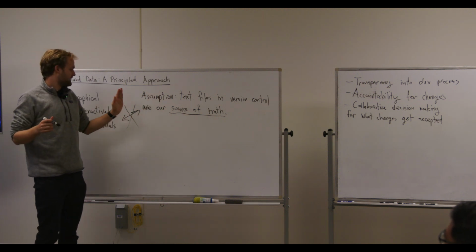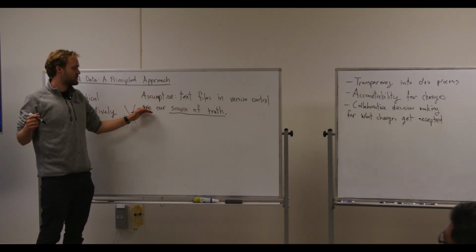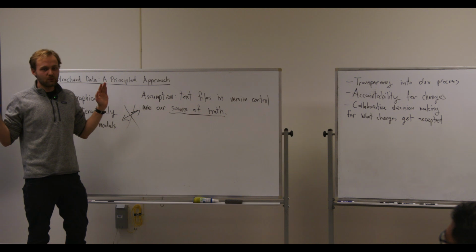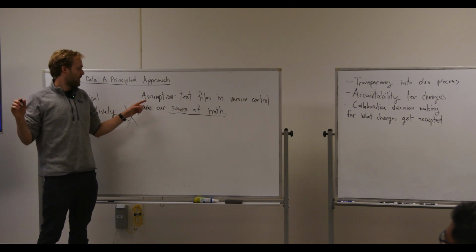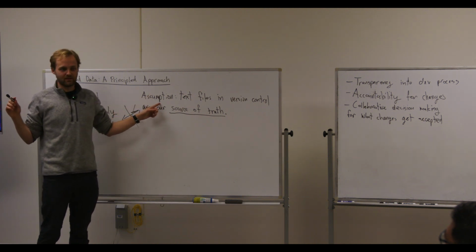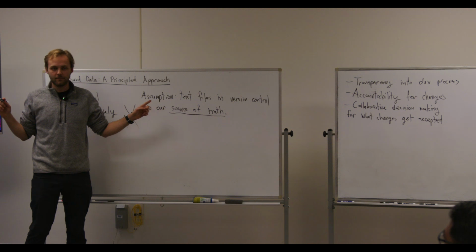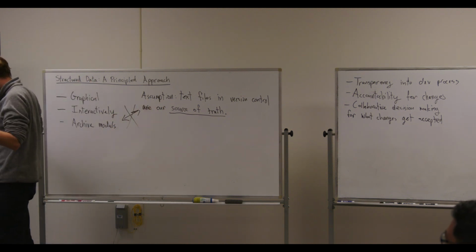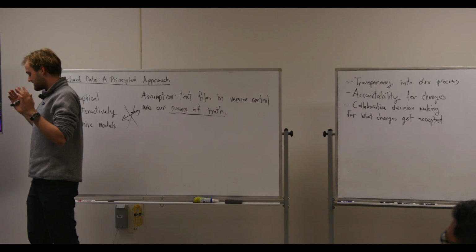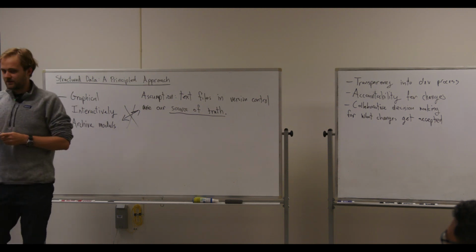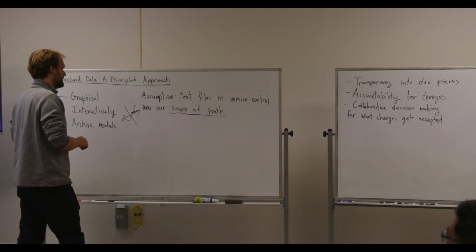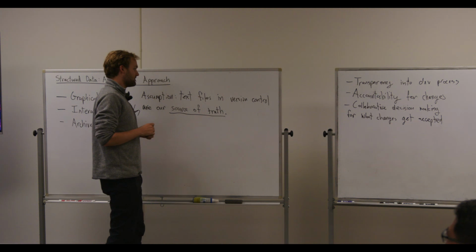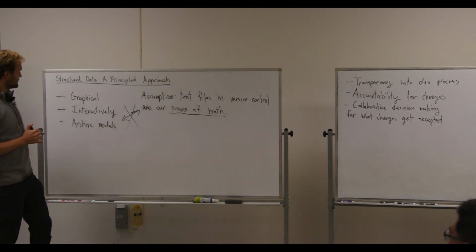But there are things that we want to build that break the assumption that text files are our source of truth. Okay. So that's the motivation for all of this, where we have to break free of this text file model. Now, what do we go to?